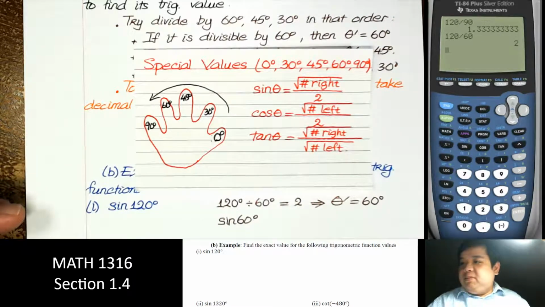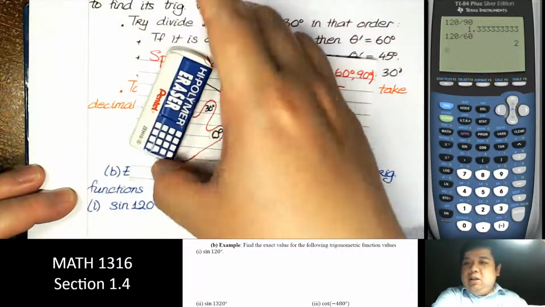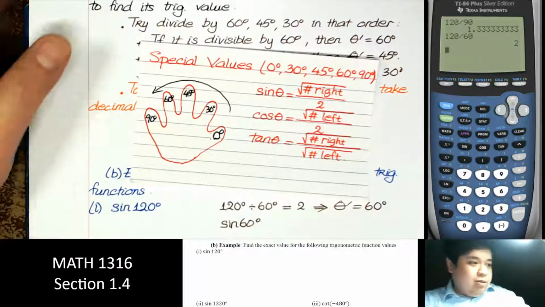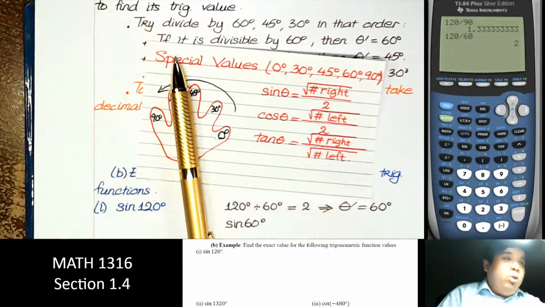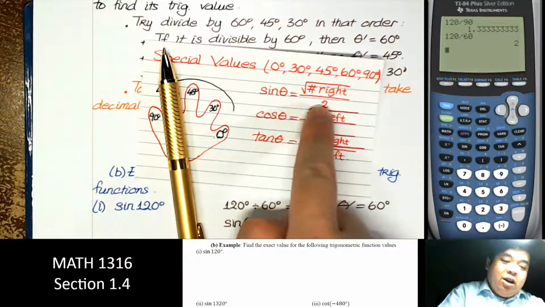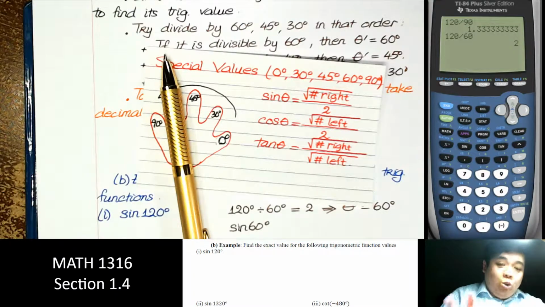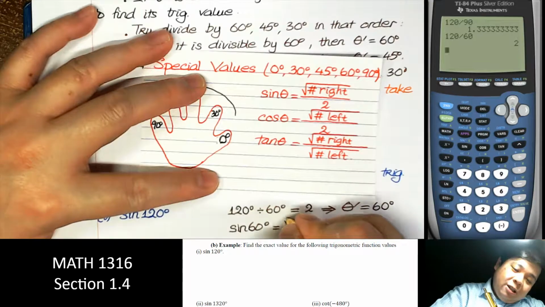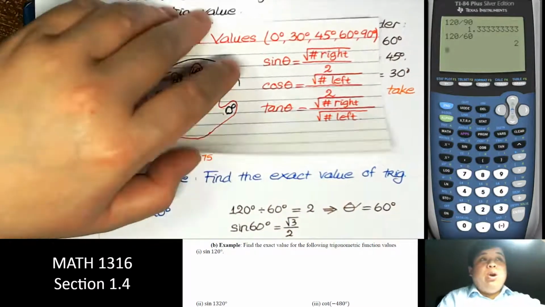Put that in 60 degrees. And the sine is the number of fingers on the right. We have 1, 2, 3. So 3 fingers on the right. So we take the square root of that. Divide by 2. So we know it is going to be square root of 3 over 2.